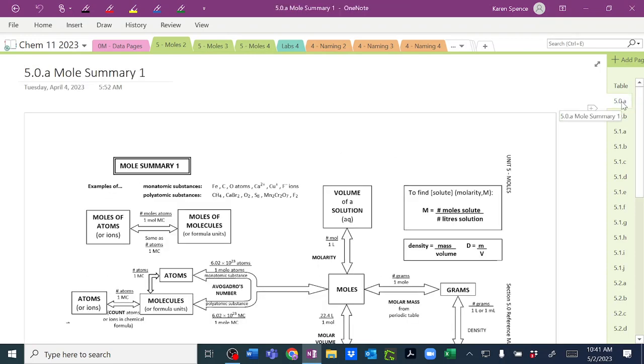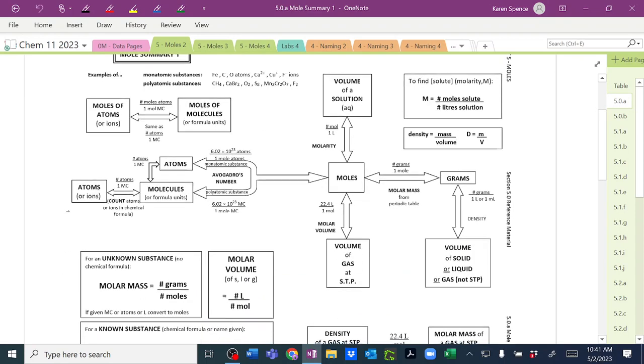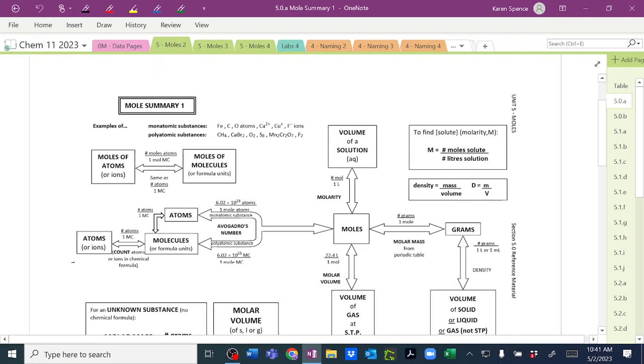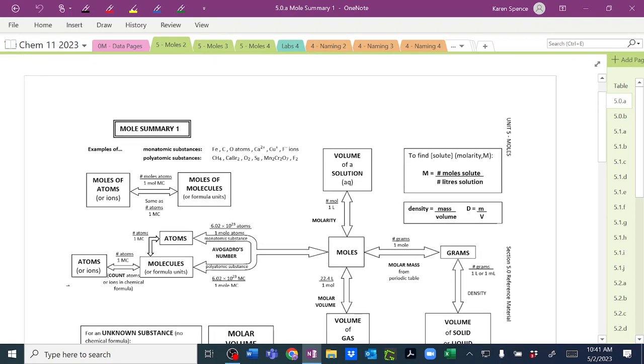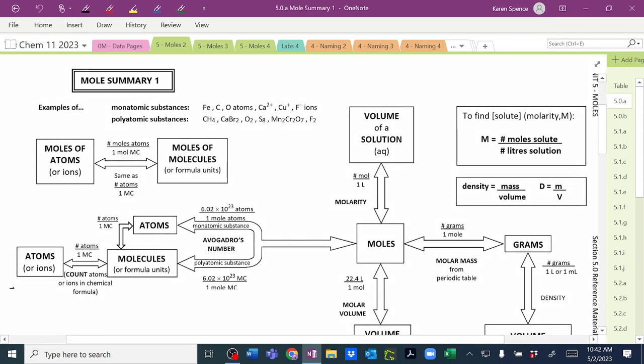Let's take us to this page here. This is mole summary number 1. This has like everything on it. So if you made it to the end of section 5.4, it doesn't have 5.5, that's a separate topic. But if you make it to the end of section 5.4, you will have done all of this.